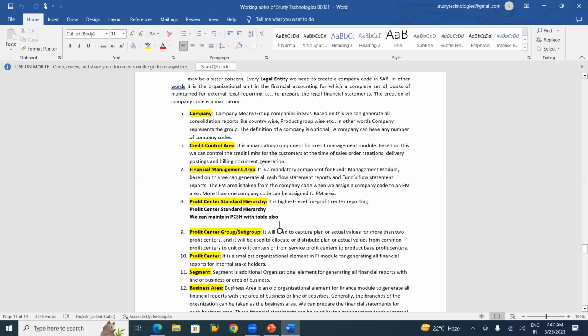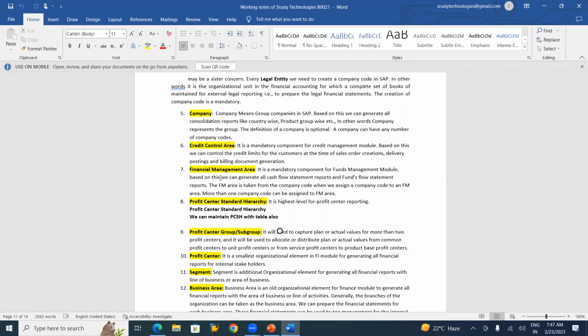We are going to discuss cash flow and funds flow statements in depth, which you probably saw in your final year of graduation, like MBA or MCom. Clear? Any questions on this? Without configuring this FM area, we can't generate the functionality of cash flow statements and funds flow statements.